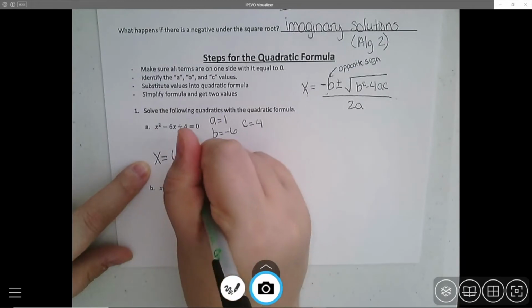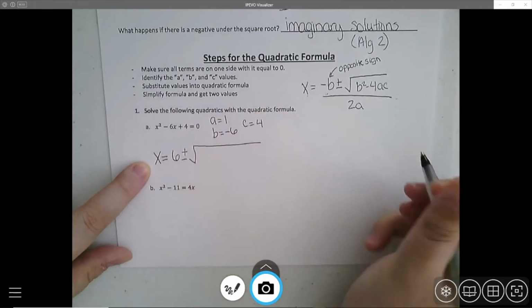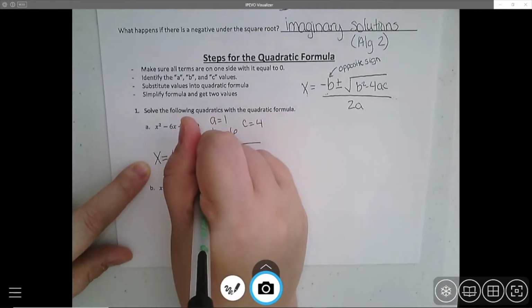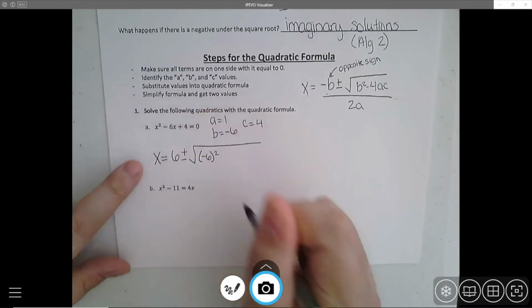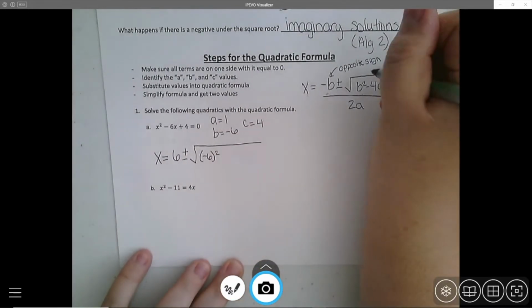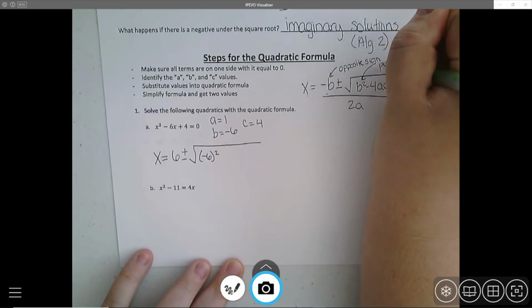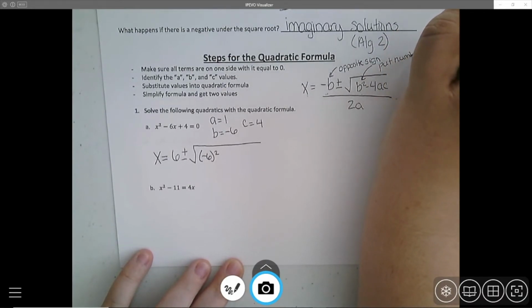Plus or minus square root. Now I'm going to take b squared, a -6 squared. Always when you do this b squared, put the number in parentheses.